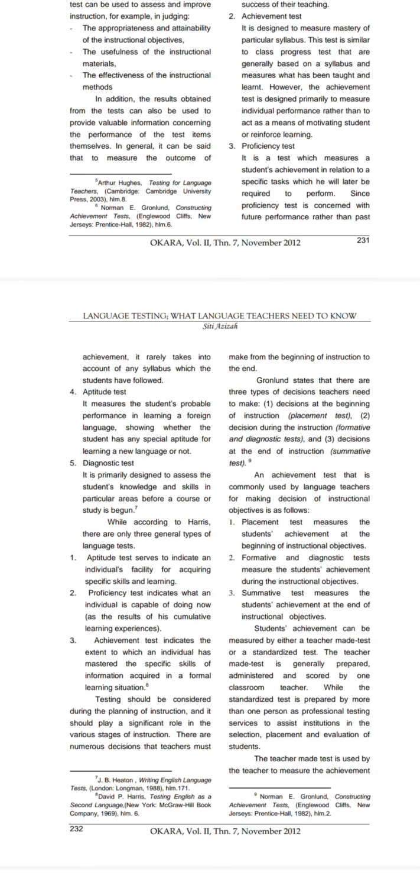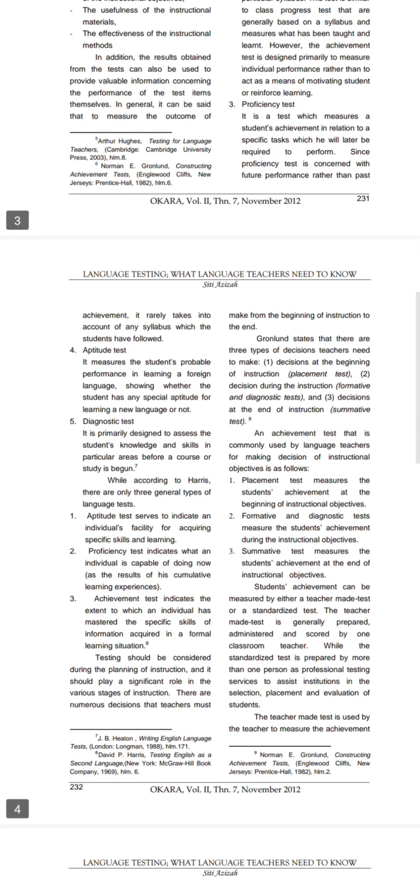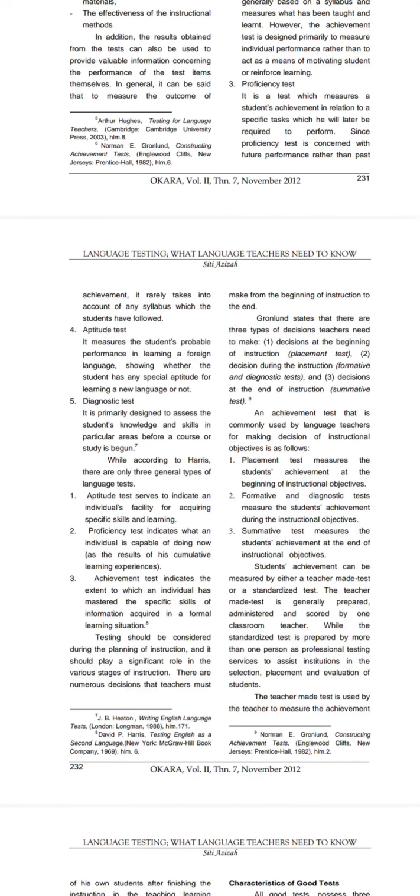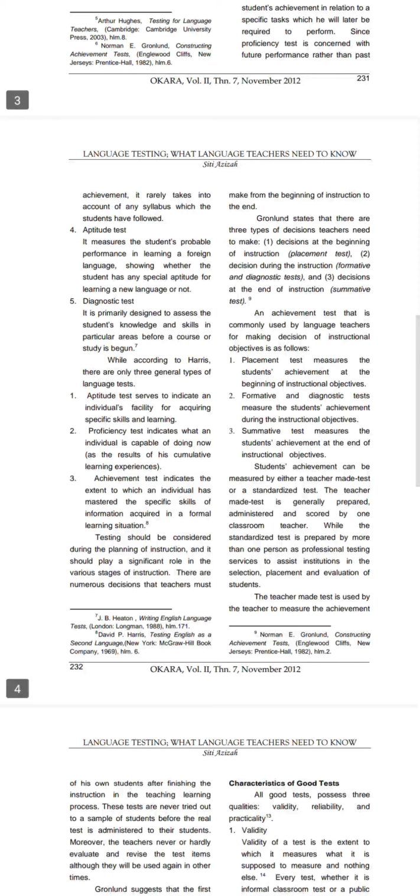Okay, and next, the achievement tasks that are commonly used by language teachers for making decisions about instructional objectives are as follows. The first is the placement task, the second is the formative and diagnostic task, and the third is the summative task. Students' achievement can be measured by either a teacher-made test or a standardized test.